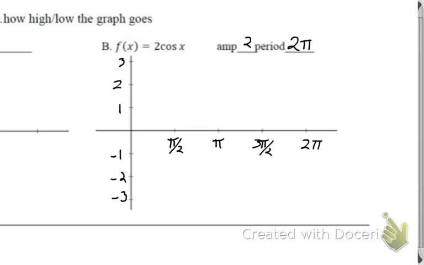Sine starts at 0, 0, so it must mean that cosine starts at 0, 1. And then it just goes down. It goes down to 0, goes down to -1, then it comes back up. So that right there is my regular cosine of x. Now I want to graph 2 cosine of x.